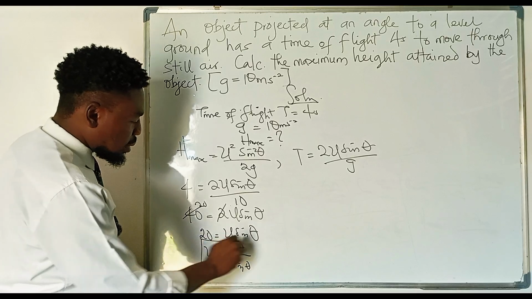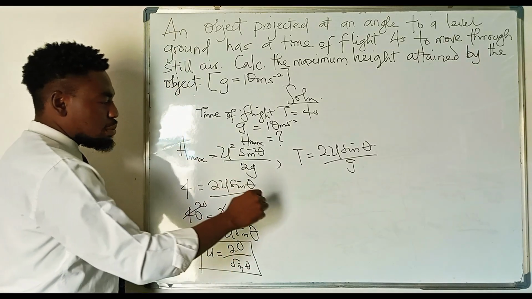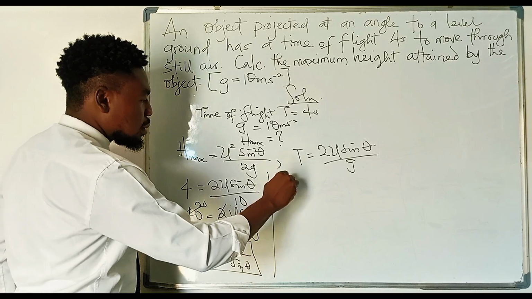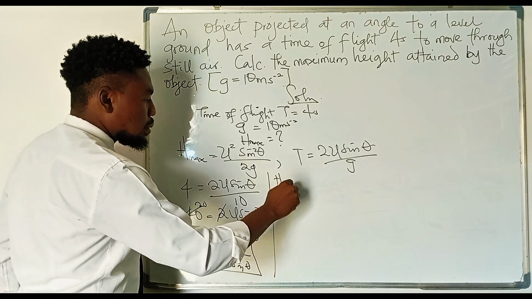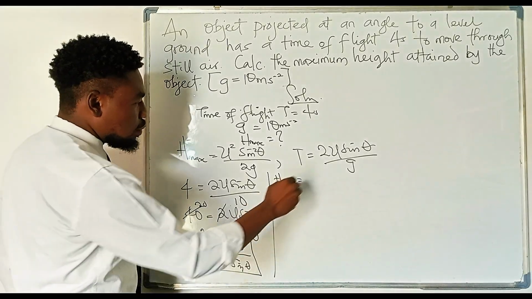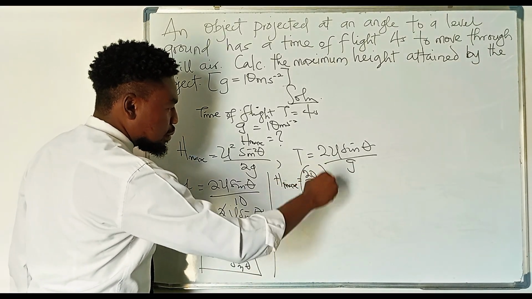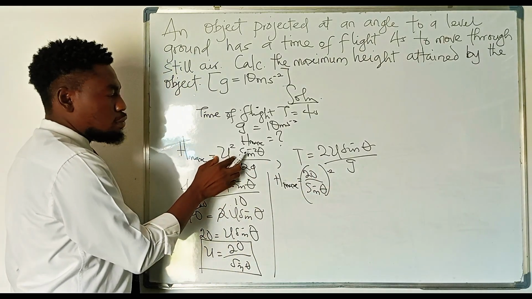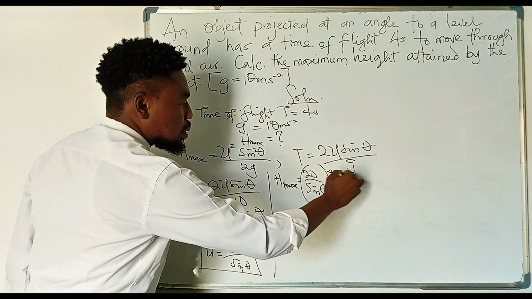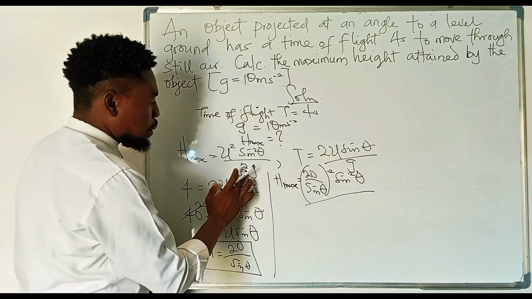So we can use this and substitute it back into this formula to get our H max. So H max now is equal to 20 all over sine theta all squared because of u square here. And then we have sine square theta all over this 2g.